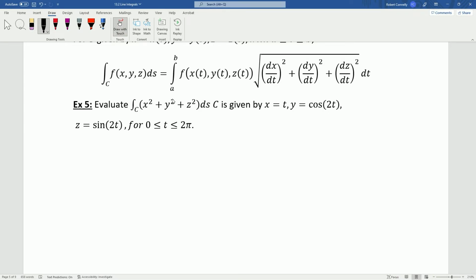So let's evaluate this line integral, and we've been given our parameterization and our values of t. This one should be fairly straightforward. Our integral is going to be from 0 to 2 pi.